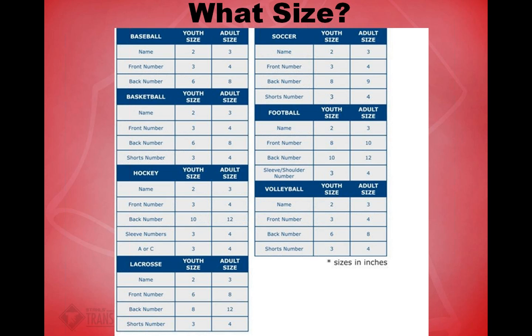We're not going to sit here and talk about each and every one of these right now, but you might notice that we've also broken it down by youth and adult size. And the one thing that stays the same from every sport across the board here is the name size. Whether it's baseball or basketball or hockey or lacrosse or any of these, a standard youth size name is always going to be 2 inches, and a standard adult size name is always going to be 3 inches.